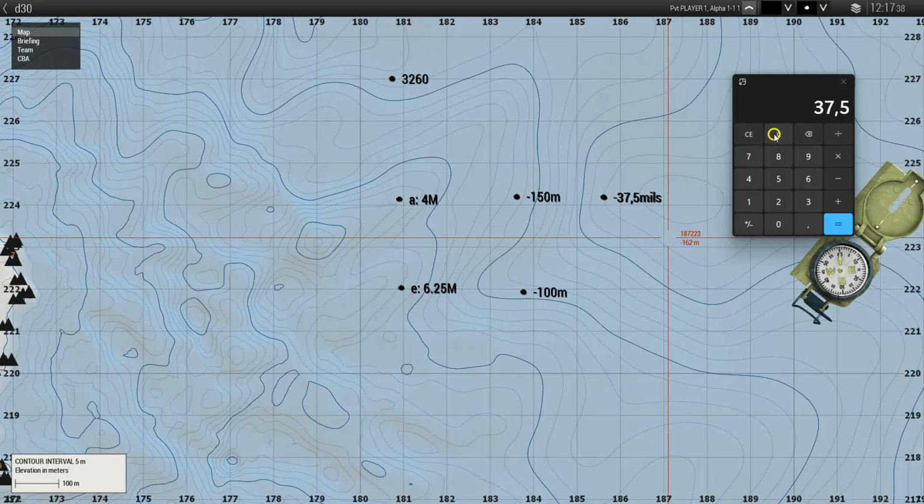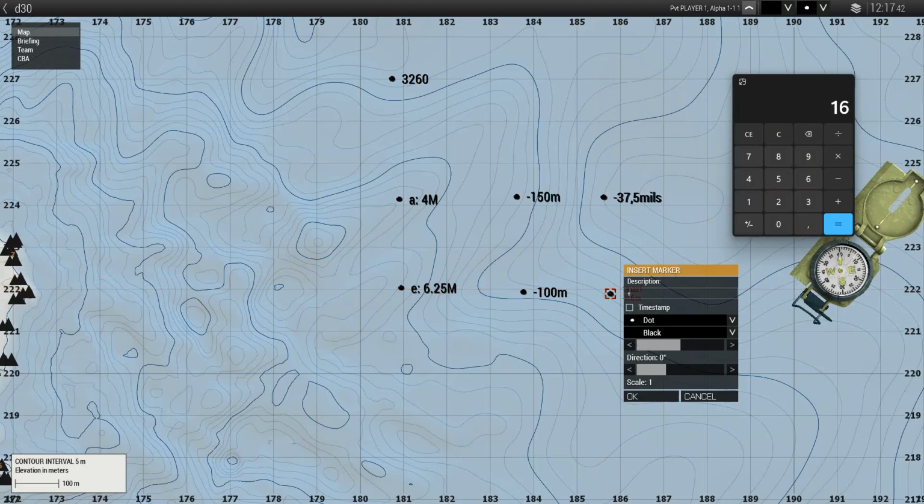As far as the range goes, I need to shorten 100 meters. 1 mil gives me 6.25 meters, so 100 meters divided by 6.25 is 16 mils. I'm shooting high angle, so to shorten my range I need to elevate my gun. So I need to add 16 mils to my elevation.